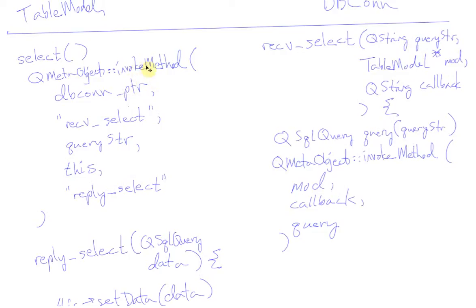So invoke is being called from table model, which is on the main thread, and it's sending a message, which is the calling of receive select, and it wants receive select to be done off of the DB connection pointer, which is on the other thread here.